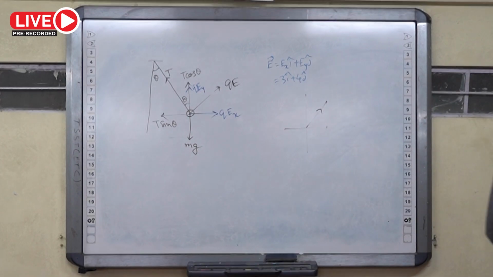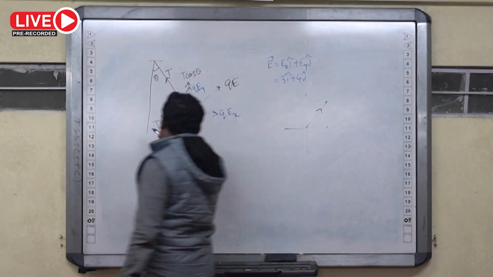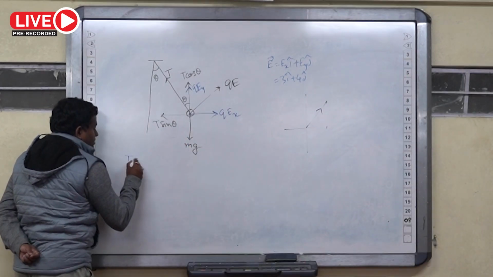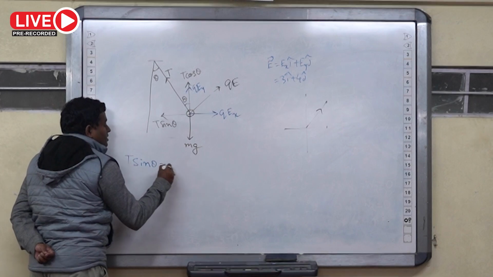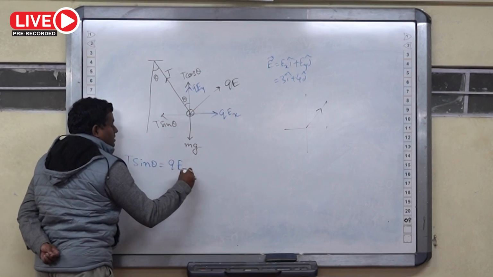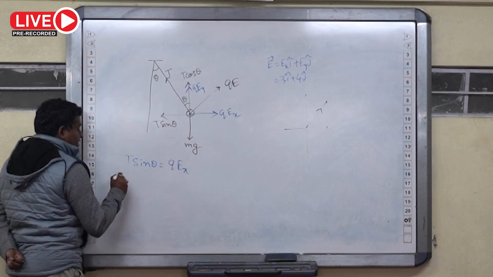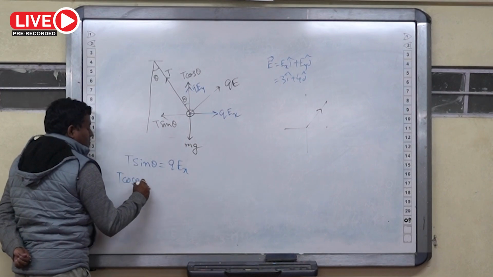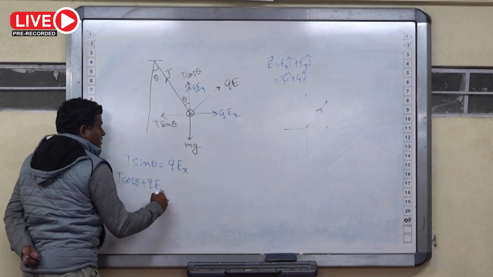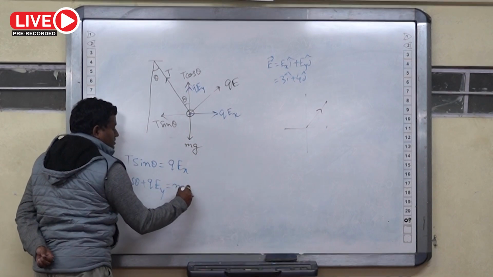Okay, so already given in the component form, so we only have to write the components along their respective directions, that is QEx and QEy. Now for equilibrium, horizontal equilibrium says T sin theta will be equal to QEx, vertical equilibrium will say T cos theta plus QEy equal to mg.